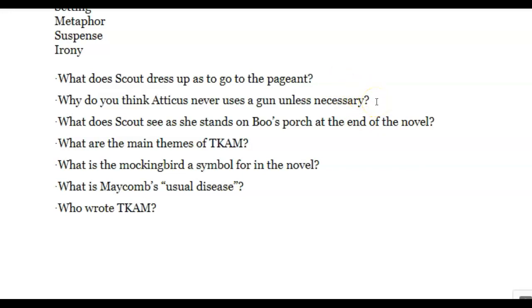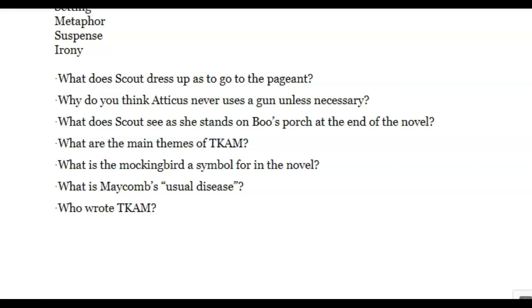Because he wants to show his family that courage isn't a man with a gun in his hand. And what does Scout see as she stands on Boo's porch at the end of the novel? Remember, this is a flashback, and she sees everything that Boo Radley saw throughout the book. It is one of my favorite moments. It is a beautiful moment.